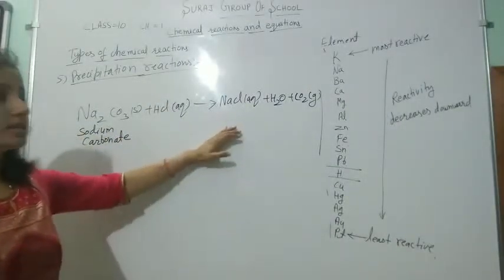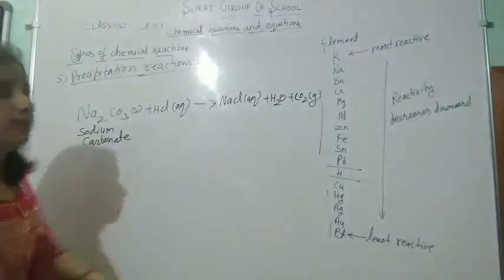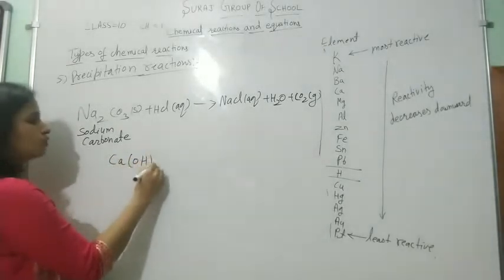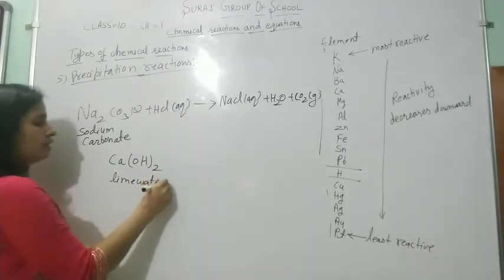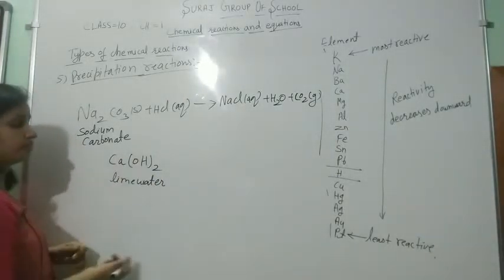Now we can pass this CO2 gas in lime water. Lime water, Ca(OH)2, is also known as slaked lime or calcium hydroxide.